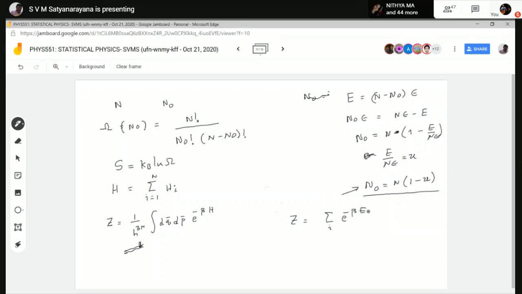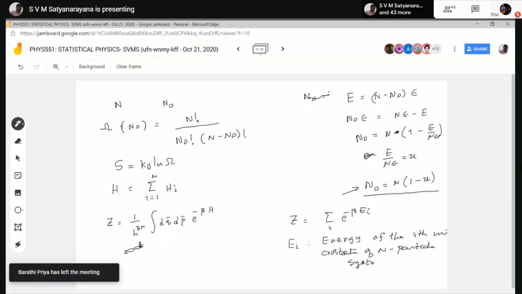Now this ei is the energy of the ith microstate of the n particle system.